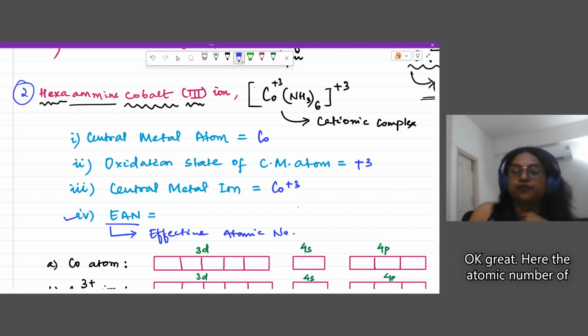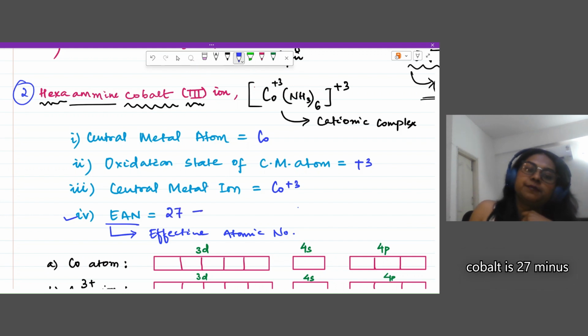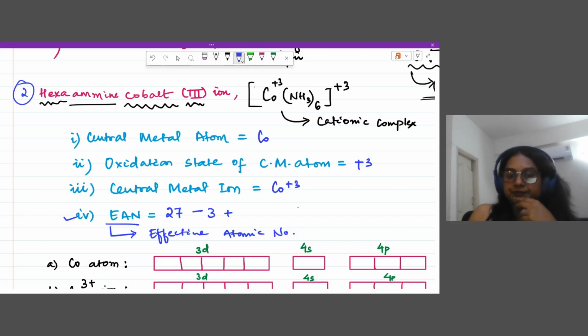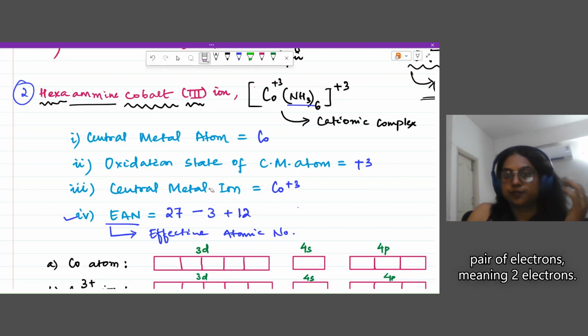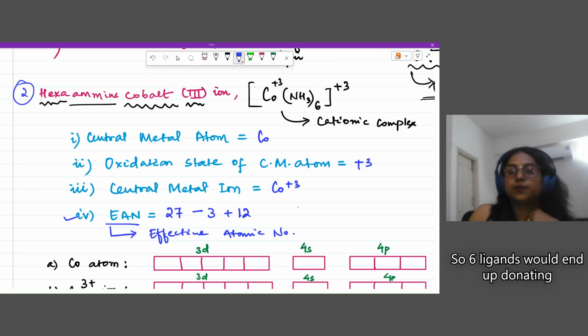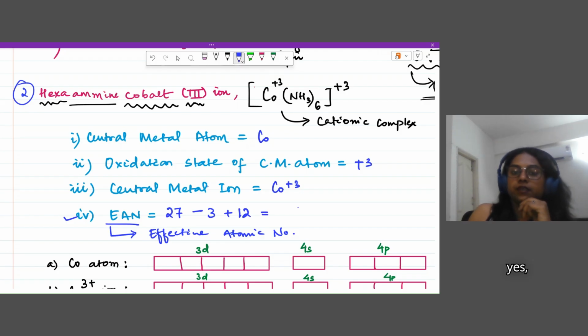Here, the atomic number of cobalt is 27, minus oxidation state 3, plus how much? 12. 12, because each ligand donates a pair of electrons, meaning 2 electrons. So 6 ligands would end up donating 12 electrons, right? Yes. And what's the value here? So for EAN, 36.